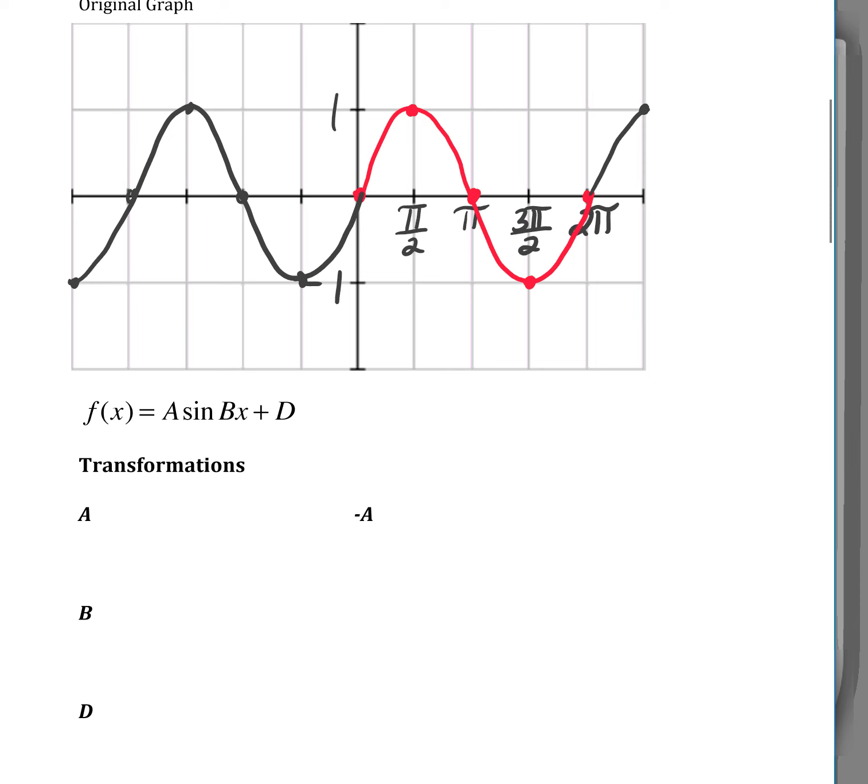We're focusing on A, which in front is going to give us the vertical stretch or shrink. And this vertical stretch also determines the amplitude, which is our distance from the midline.